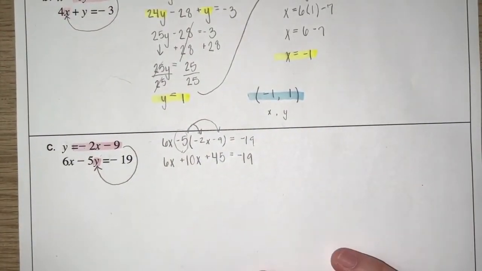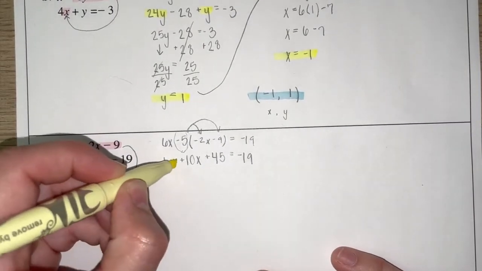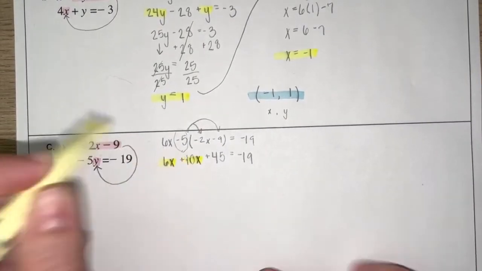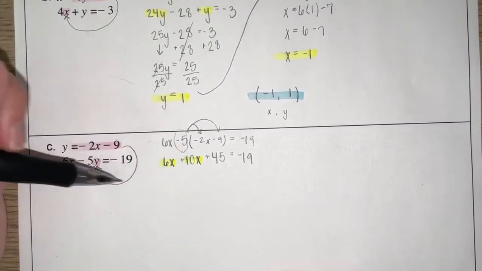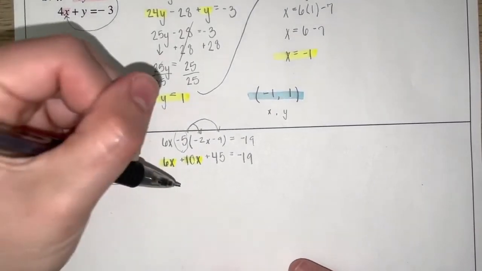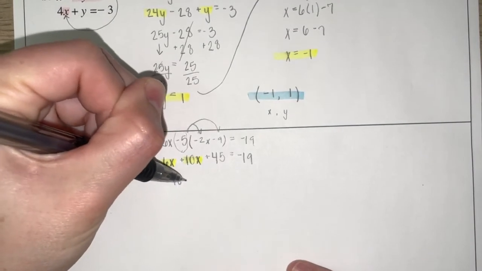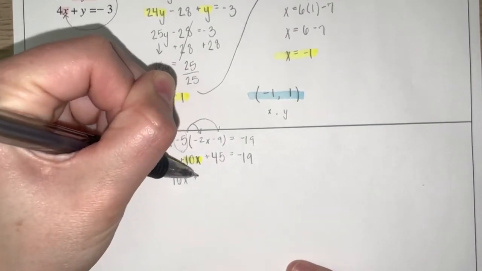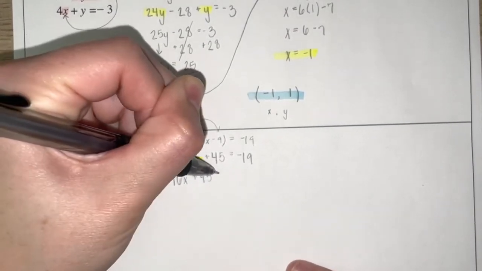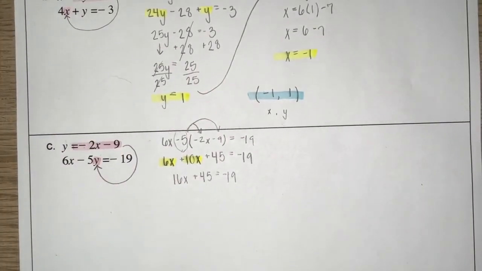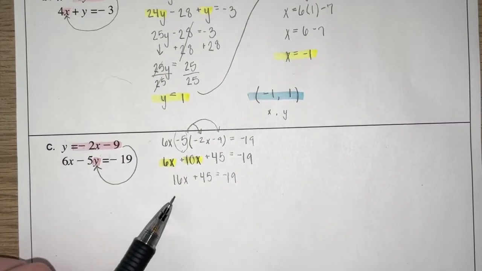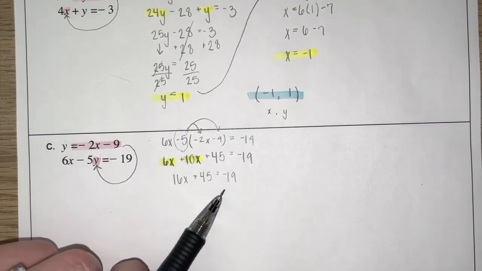And then from there, I need to combine like terms. So 6x and 10x, those are both like terms. So 6x plus 10x, I just need to add the coefficients. That becomes 16x. I can bring down the plus 45 and the negative 19. So now I have 16x plus 45 equals negative 19.